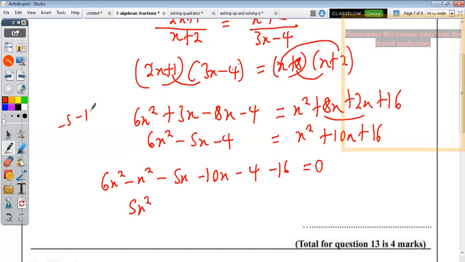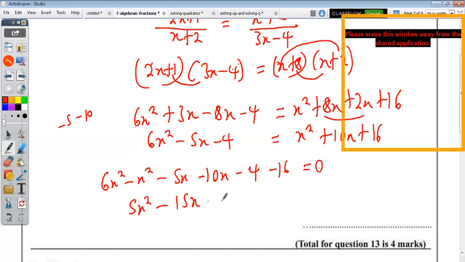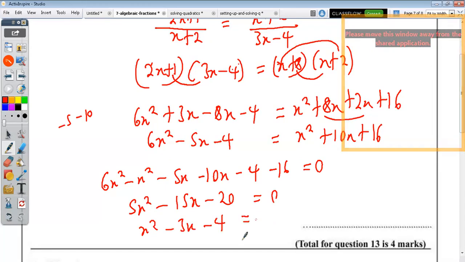Minus 5 minus 10 from a calculator, you're increasing in the negative, it's a minus 15x. Minus 4 minus 16 increasing in the negative, it's a minus 20 is equal to 0. Divide everything by 5, you're allowed to do that, because 5 can get into everything. x squared minus 3x minus 4 is equal to 0. Then almost done.